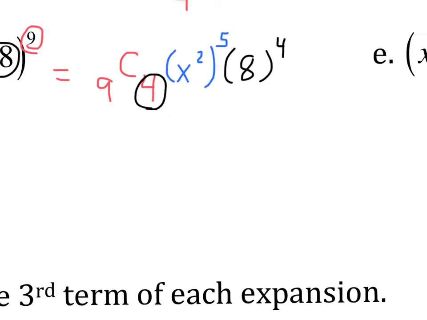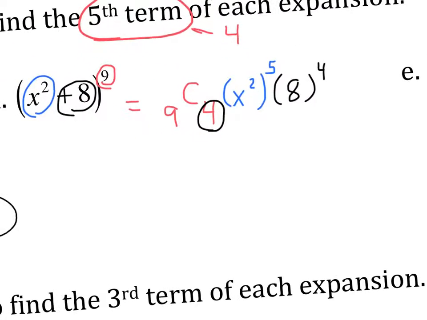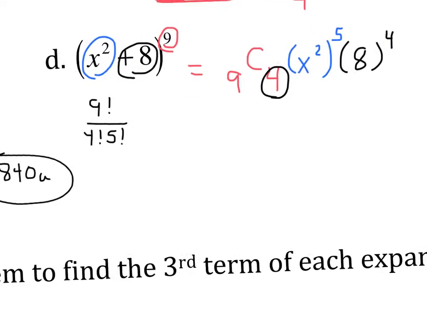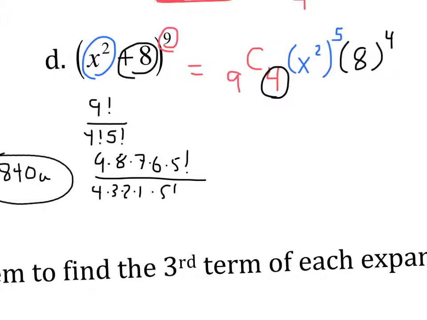Now, 9C4, if you need to see that worked out, means this. And either you use a calculator or you work it out this way. So I'll expand it, 9 times 8 times 7 times 6 times 5 factorial, and down here, 4 times 3 times 2 times 1 times 5 factorial.